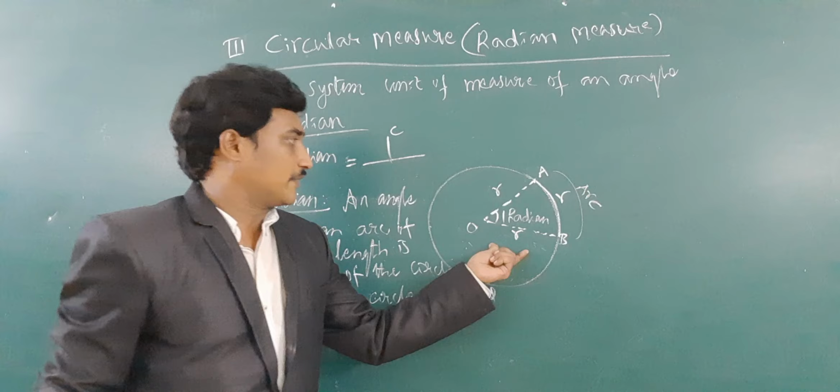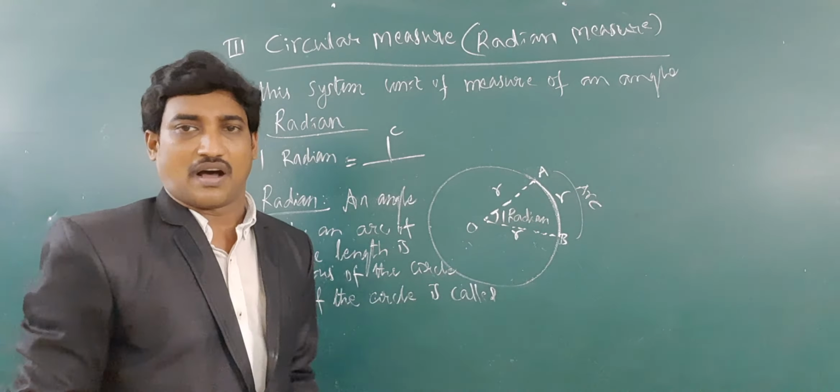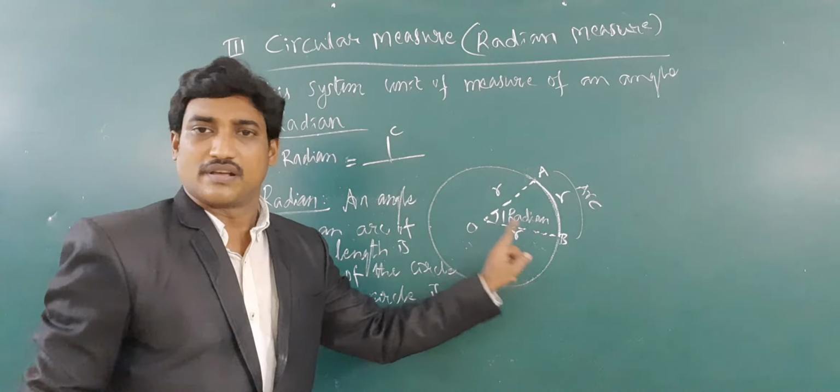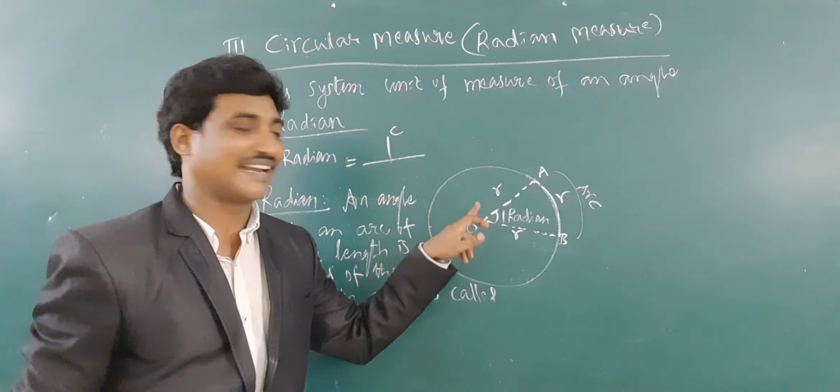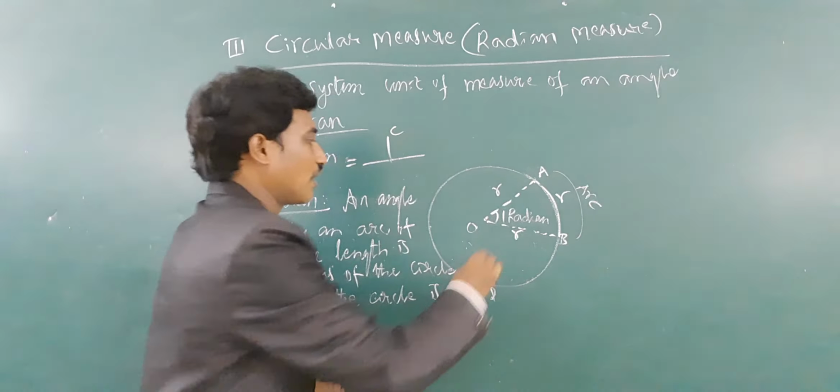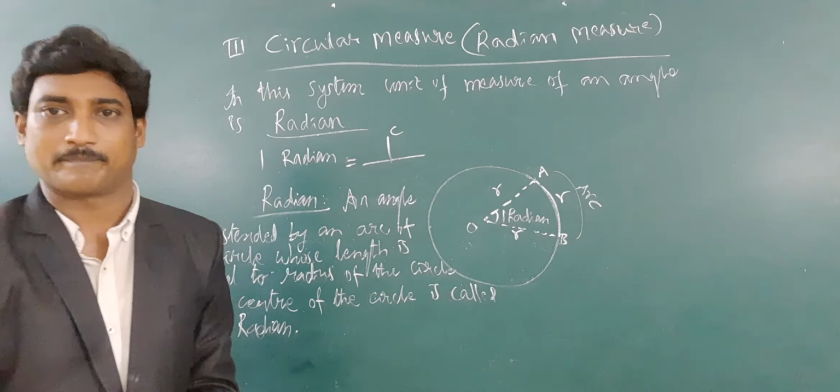Here AB is the arc whose length is equal to the radius of the circle. Then the angle made by the arc at the center of the circle is called 1 radian.